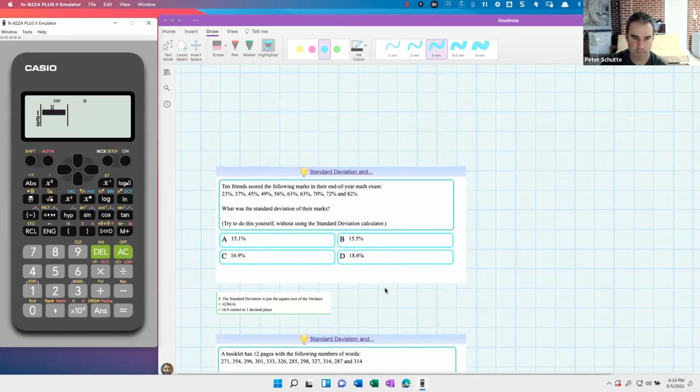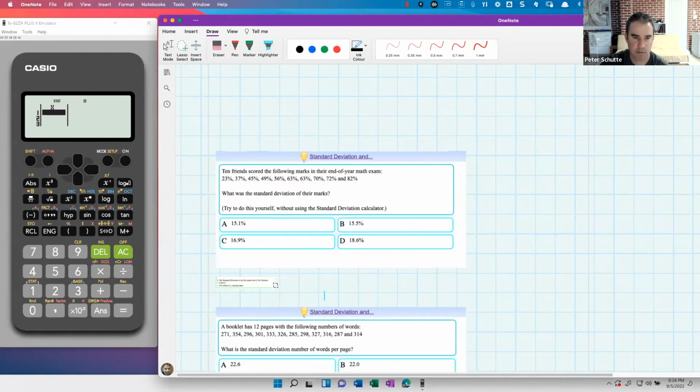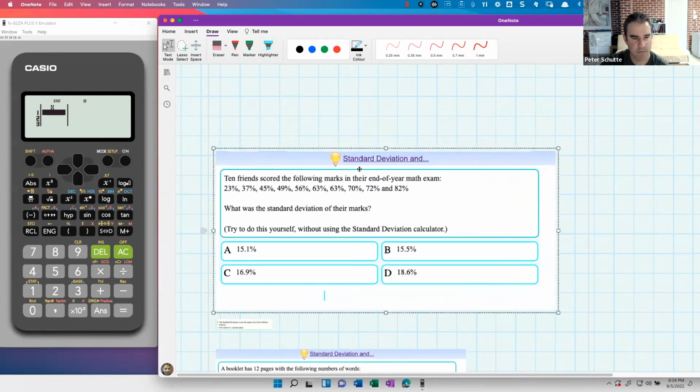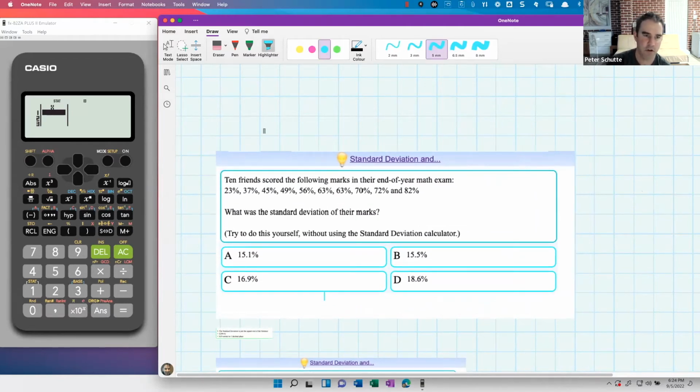Okay, let's do this one. Here is a multiple choice question. In this multiple choice question, you are given 10 marks for an end of your exam, and you have to calculate the standard deviation of this data set. Now, the first 3 steps are going to be mode 2, 1, and you should get what you see on the screen.